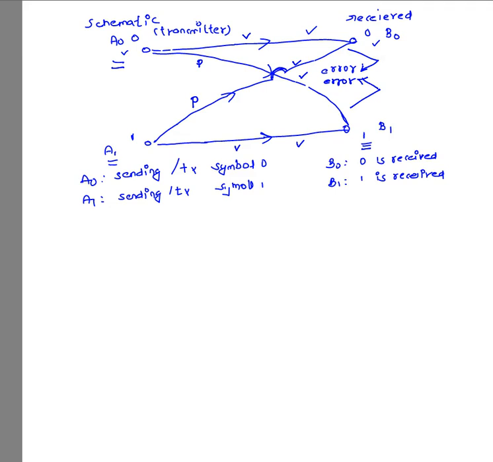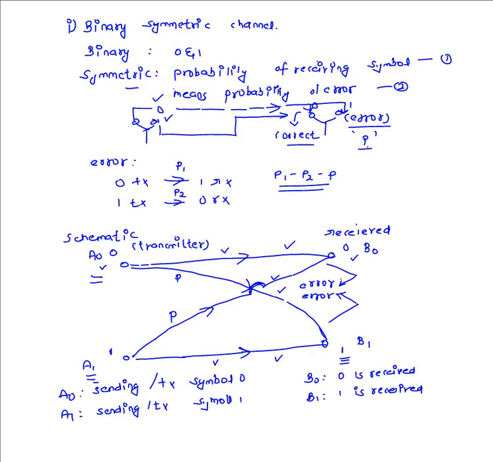Correct transmissions are given by the probability of receiving 0 when 0 is transmitted, and the probability of receiving 1 when 1 is transmitted. These top and bottom lines are called the correct probabilities.